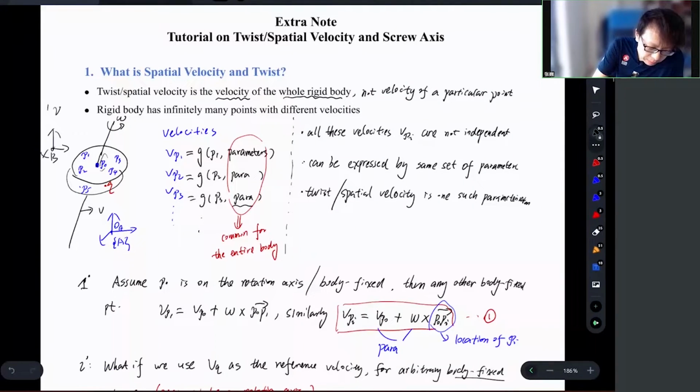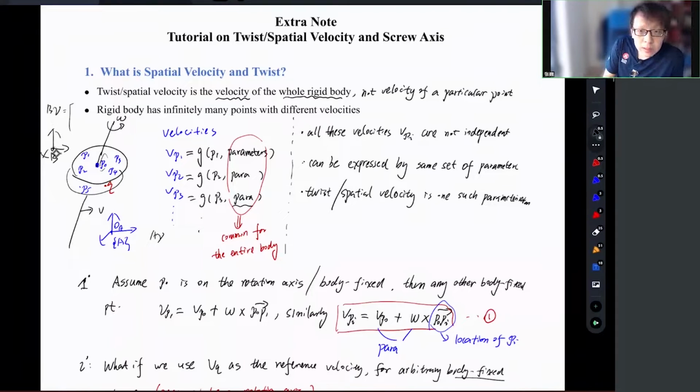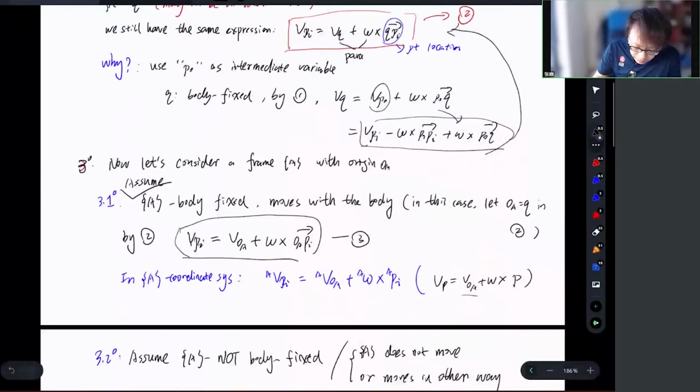And then I will have a twist in B. This is a twist in A. And mathematically, if I represent in B, I can think of the motion as a linear motion V of OB, and rotate about an axis in the same direction of omega, but that axis moved to pass through the origin of B. In the same way, in terms of parameterization of all the point velocities, I can equivalently think about this motion as rotating about an axis passing through OA if I represent the velocity twist in A. Okay, that's the meaning.